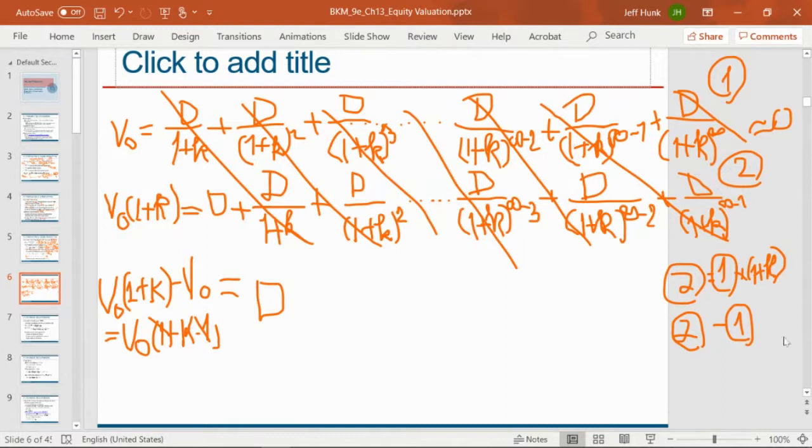But they all cancel out, so the right-hand side will all cancel out, except for D remains.